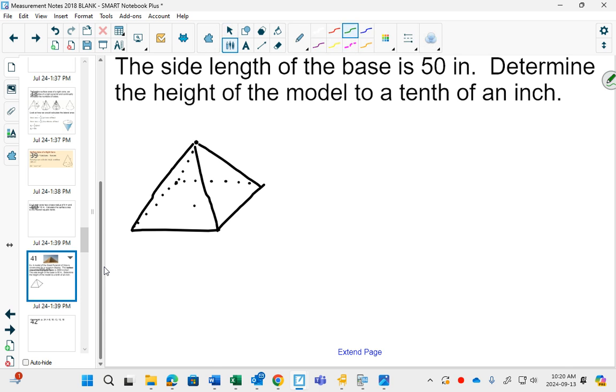With my height, I'm going to draw it with a green line here, right from the center all the way to the top. That is the height, which I'm going to use the letter H for height.